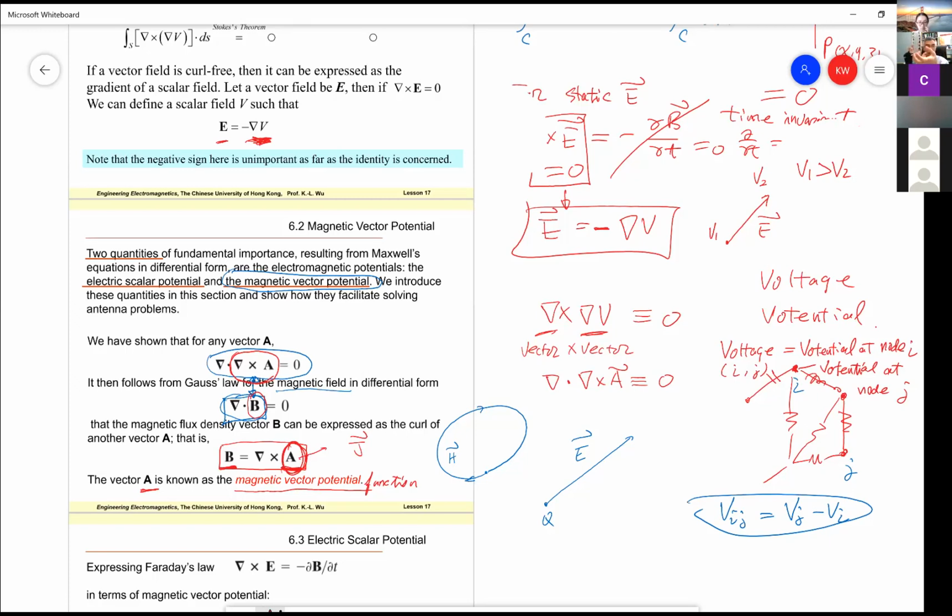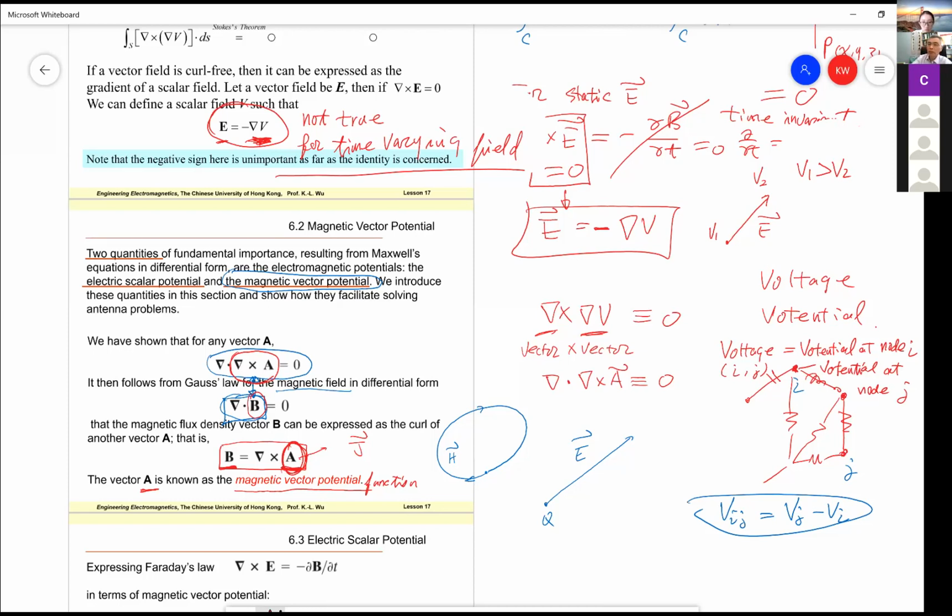They are interlaced. But this is not true for the magnetic field.